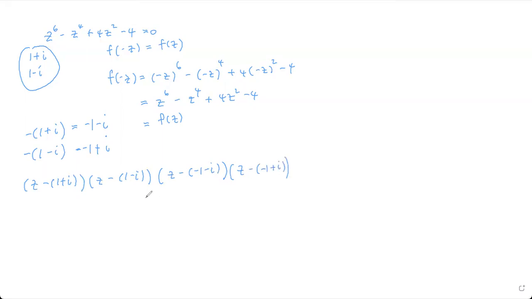Let's try to simplify this a little bit more. This is the factor, so I'm going to expand it first before I do anything else. So this is (z - 1 - i)(z - 1 + i)(z + 1 + i)(z + 1 - i). Let me try to expand this using my calculator.